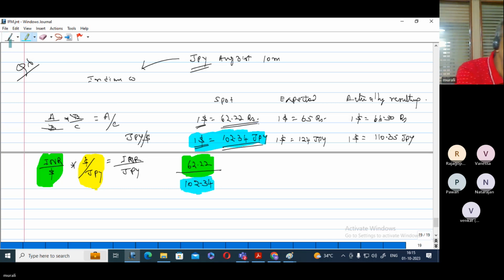Correct? So what is the answer that you get? 62.22 divided by 102.34 is 0.6079 or 0.6080.